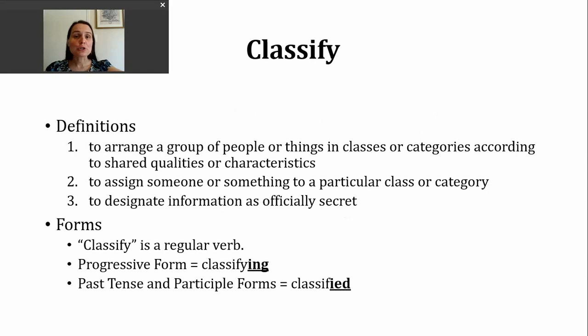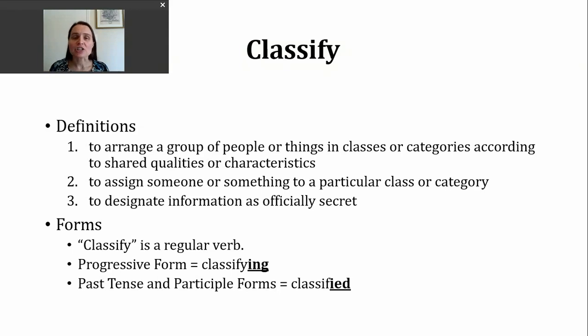The first two ways that you might hear classify used are pretty close in meaning. The first is to arrange a group of people or a group of things into classes or categories. And you're arranging these groups because there are some shared qualities or characteristics.